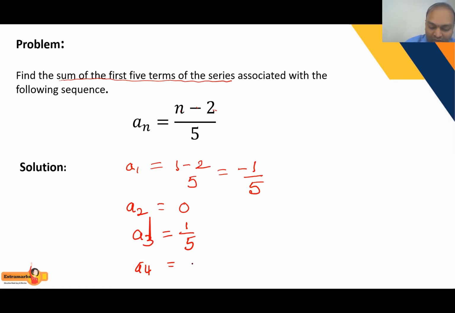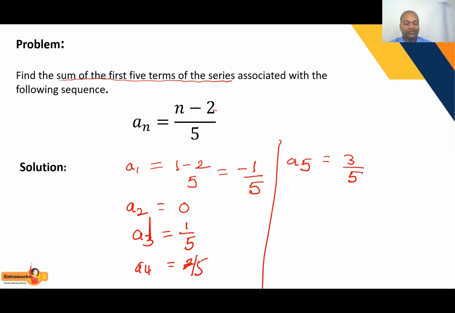So the answer will be 2 by 5. Then here I am writing, next put n is equal to 5. So A5 is equal to 5 minus 2. 5 minus 2 is 3. So write here 3 by 5.